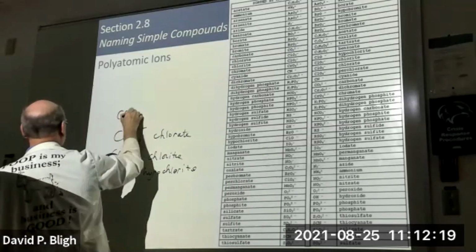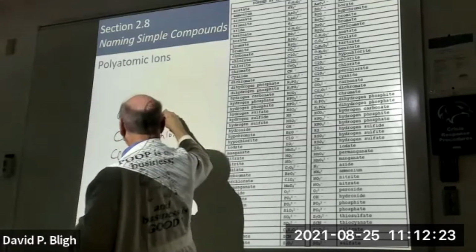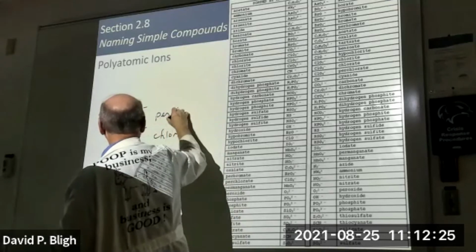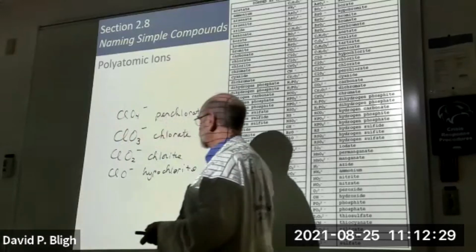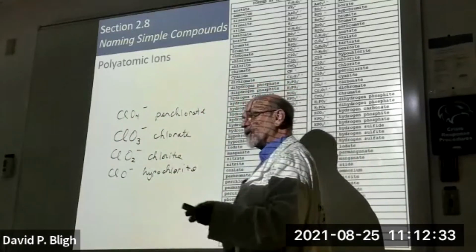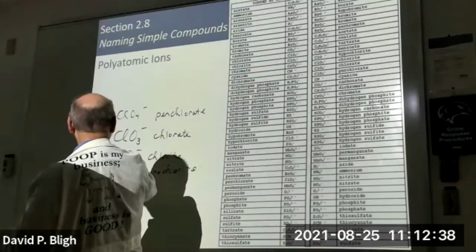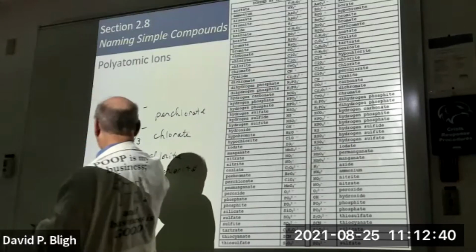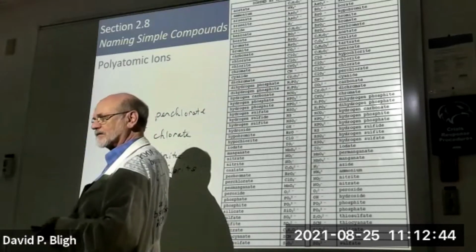So we can go up here, ClO4 minus, and this needs a prefix, per: perchlorate, which means 1 greater. And you can do that with any of the halogens. This could be iodine, so it'd be iodate, iodite, hypoiodite, or periodate.